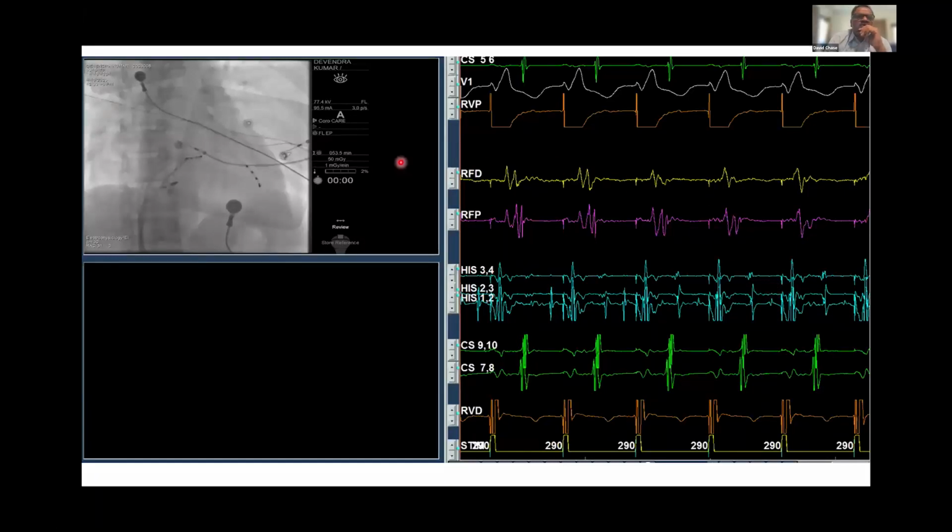In this ECG, I have shown pacing stimulus happening in the RV. There's RV pacing happening, and there's atrial activation happening in the CS earlier than it can happen in the distal. And we have a catheter placed at some location.